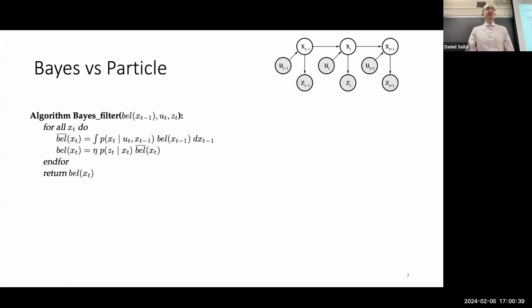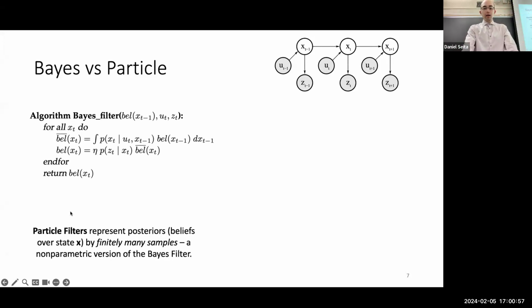This was the Bayes filter, which we covered roughly two weeks ago. We had the usual: you iterate through all x, you get your belief before you incorporate the measurement, and then you get your actual belief by considering the measurement. A particle filter will represent the posterior by finitely many samples.